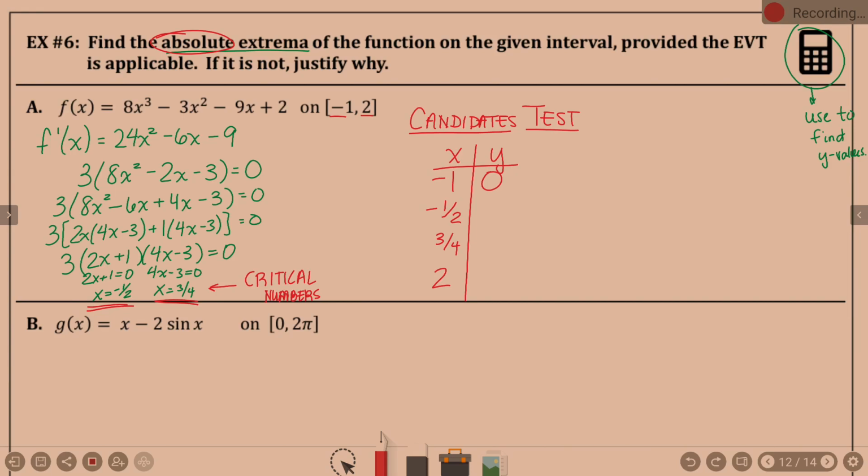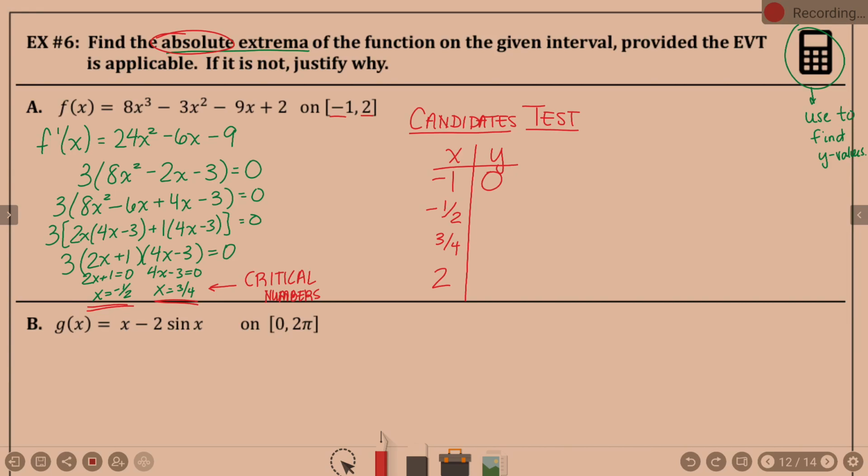Let me know when you get an answer. How do we get the y? Are you talking about like that right there? Yeah, like Alpha F3 or F4 is where I do it. Plugging this into the original. Okay, good question. I didn't clarify that. We are plugging these into the original, not into your derivative.